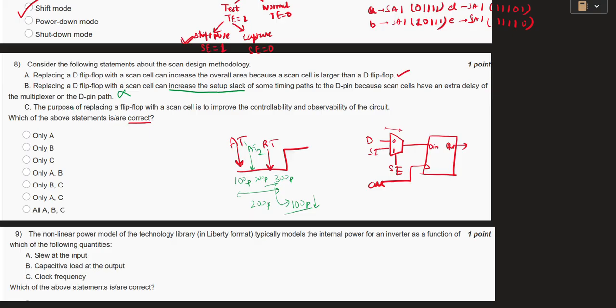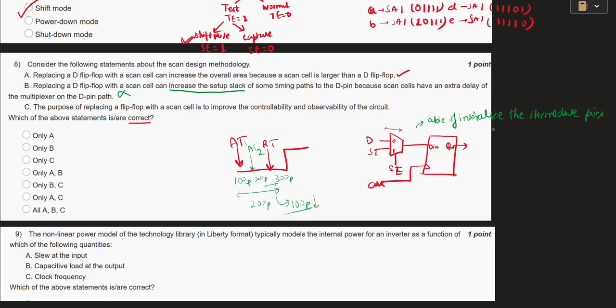Okay, and third, C: the purpose of replacing a flip-flop with a scan cell is to improve the controllability and observability. Yeah, that's the whole motive of giving the scan cell. Because through the scan cell, we are able to initialize the intermediate pins, and observe the output produced by the intermediate inputs.